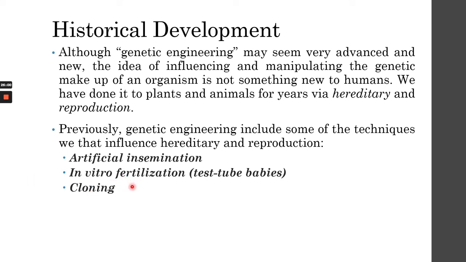Another thing that we do is in vitro fertilization, or test tube babies. Do not get confused about what we mean by test tube babies. Are we developing babies inside a test tube? Not specifically. In vitro fertilization is basically, for example, if the woman has an autoimmune disease, we can take the egg cells of that female, and from the various samples of egg cells that we have, we can identify which egg cells contain the genes for the autoimmune disease.